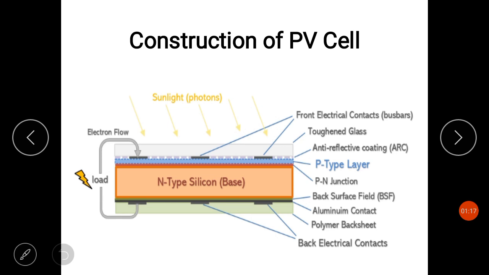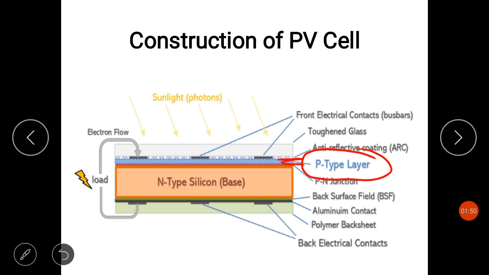This photovoltaic cell is basically a junction diode, although its construction is a little bit different from conventional p-n junction diodes. Here a very thin layer of p-type semiconductor, this blue portion, is grown on a relatively thicker n-type semiconductor.